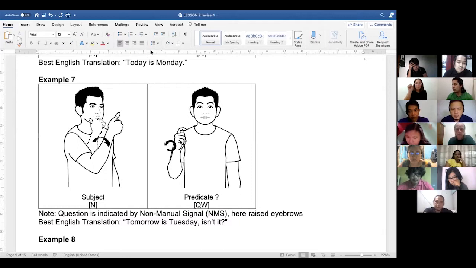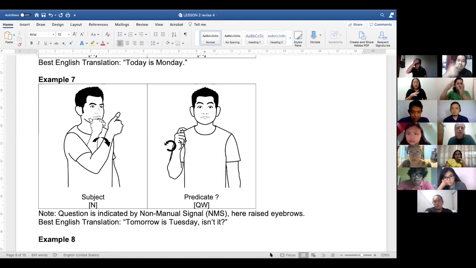Meng is asking, what about note? Do we remove note? N-O-T-E colon? That's fine. You can just say note colon and then what you're saying, or you can just delete note colon.